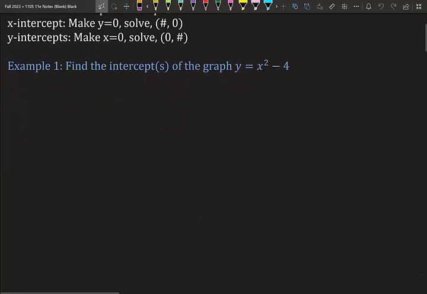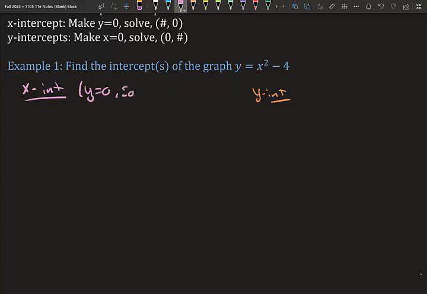Let's find the intercepts of the graph y equals x squared minus 4. So we have two types of intercepts possibly, x and y. To find the x-intercept, we make y equals 0 and solve. To find the y-intercept, we make x equals 0 and solve.